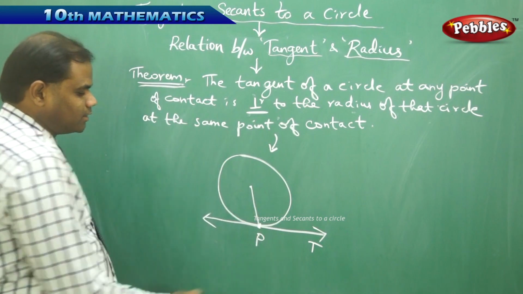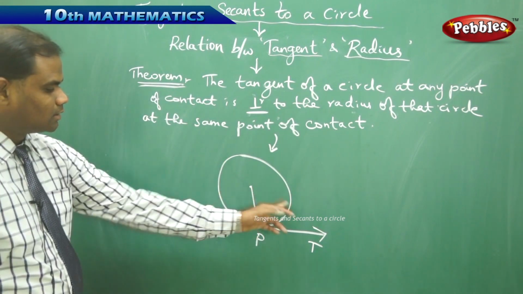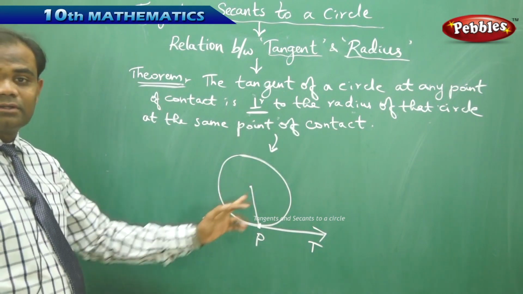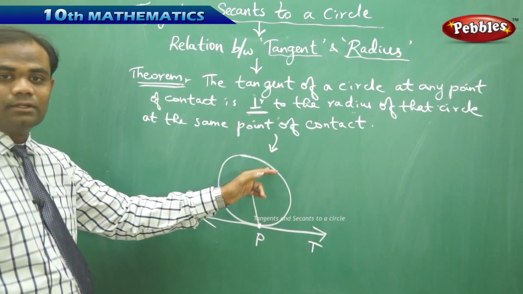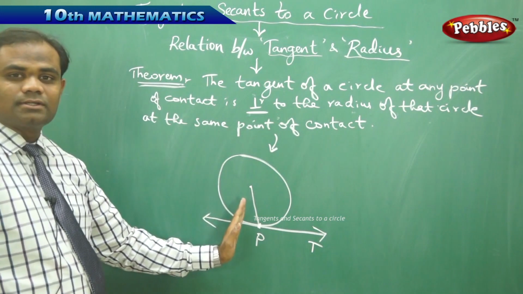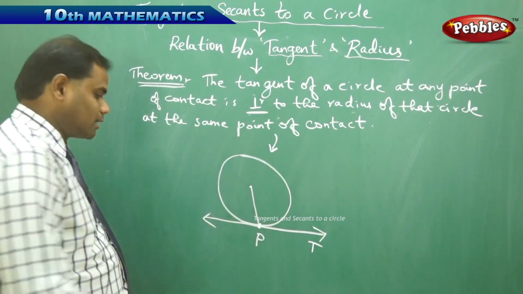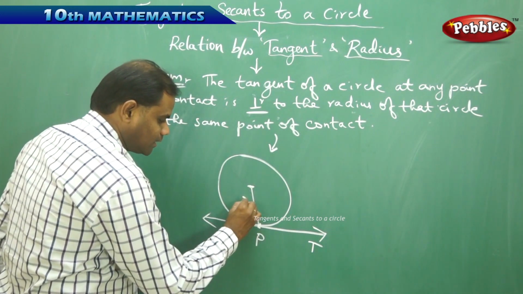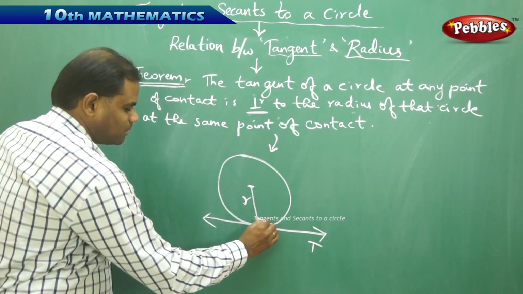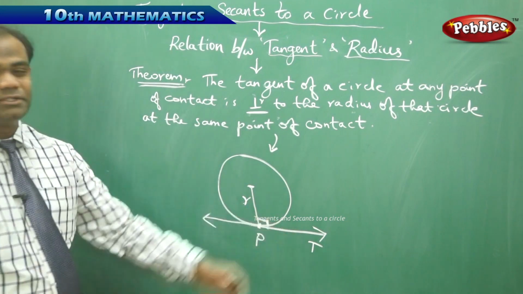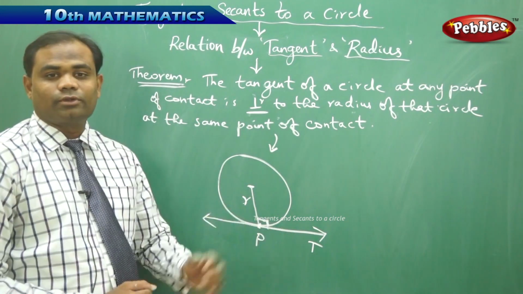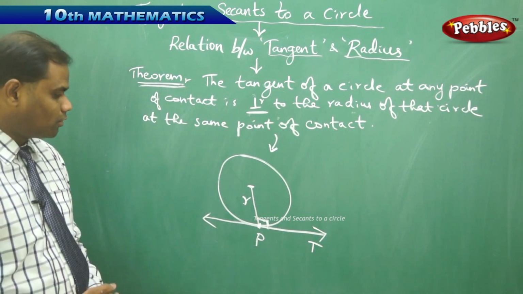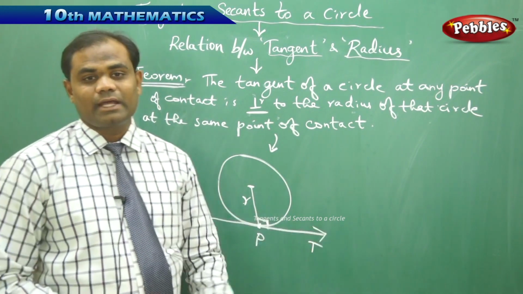There's only one radius which passes through the point of contact. All the different radii pass through different points on the circumference of the circle. So on these infinite points, there are infinite radii, and there's only one unique radius which passes through the point of contact. And this radius is said to be perpendicular to the tangent at that point of contact P. So we have to prove that the radius is perpendicular to the tangent.